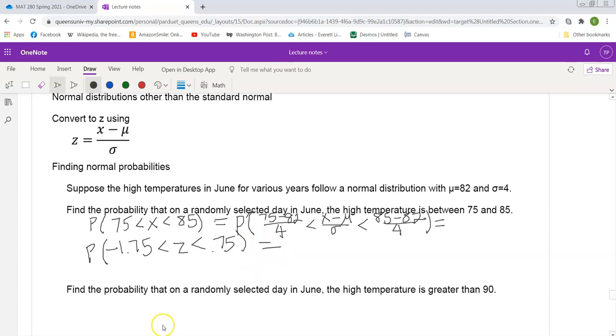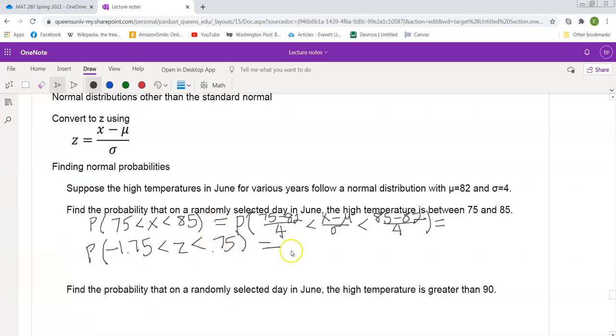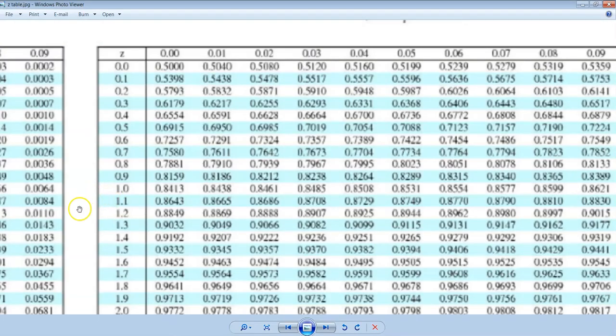And then we just go to our normal table. Using the same logic as before, I'm looking at 0.75 first. So that's 0.7734. Minus the lower one, negative 1.75.